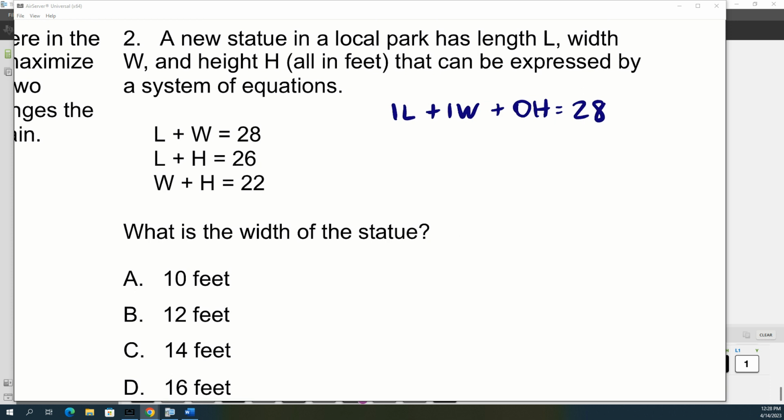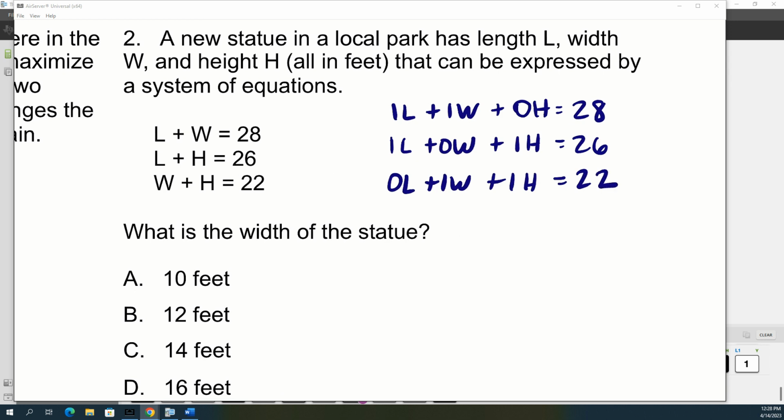And then the second equation is 1L, and this one has 0W, and 1H would equal 26. And then the last one has 0L. All right, and what we need is RREF.